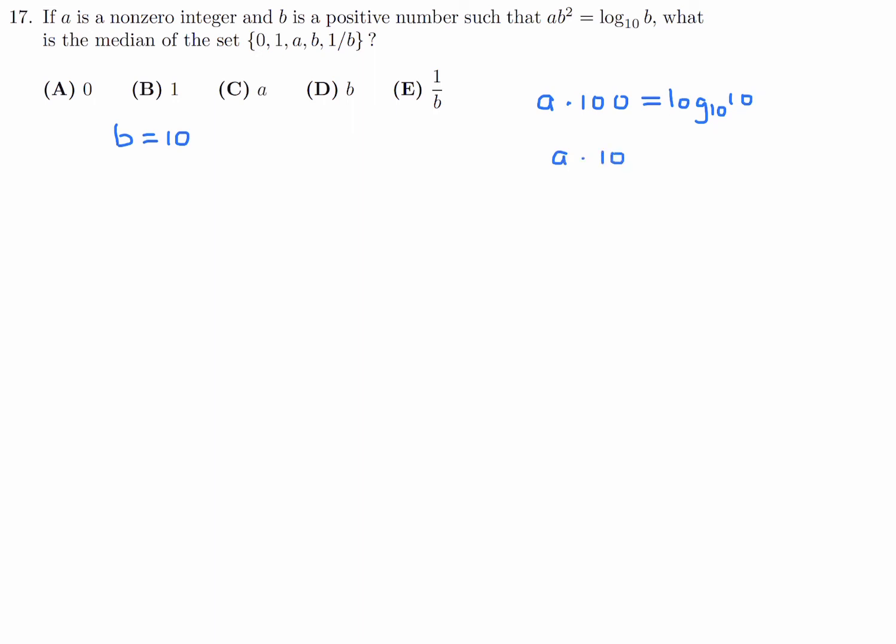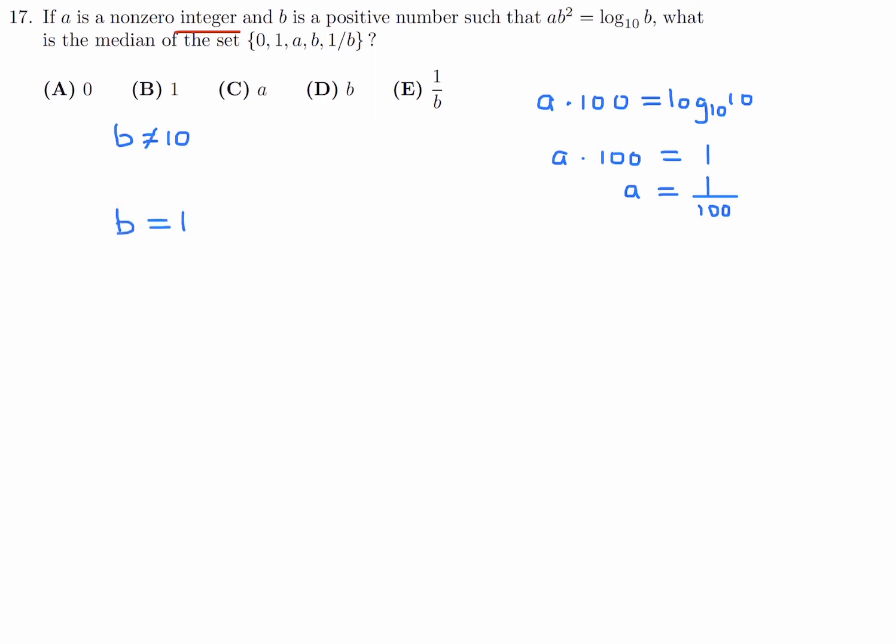That means A times 100 is equal to, well, this is just 1, so A is equal to 1 over 100. But that's a problem. Why? Because A is a non-zero integer. Very key point to this question that some people might miss. So unfortunately, B cannot equal 10.